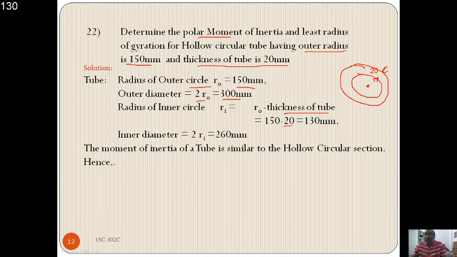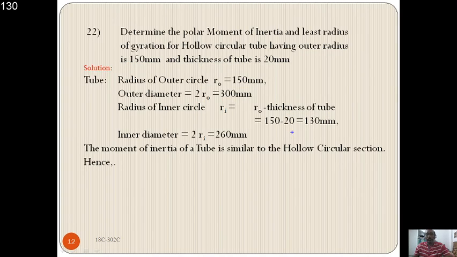From this point up to this point, it is 150. Now they are asking what is the radius of this position. So for this, 150 minus 20, you will get 130. Right? Then the inner diameter 2Ri is equal to 260 mm.